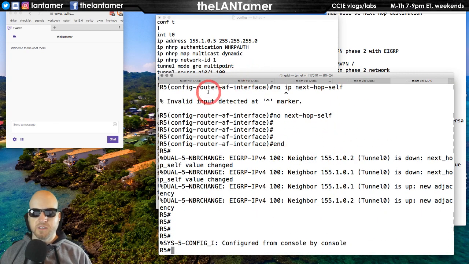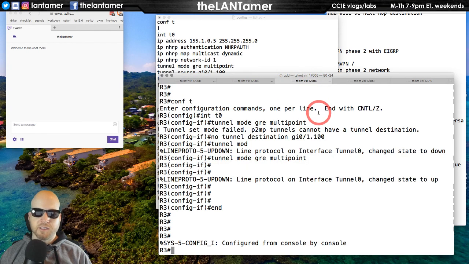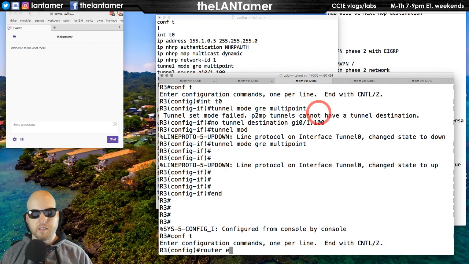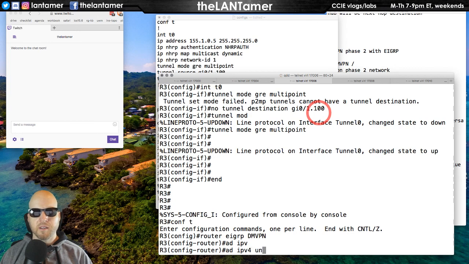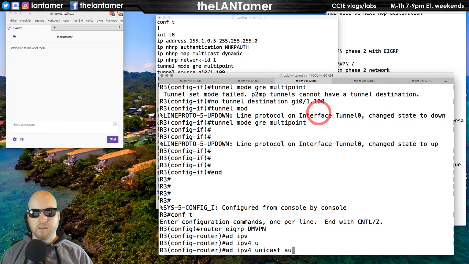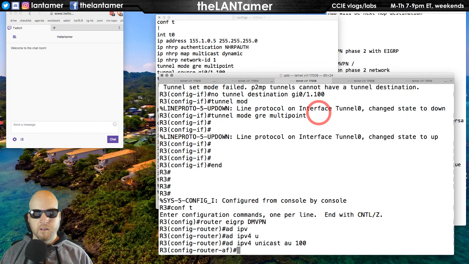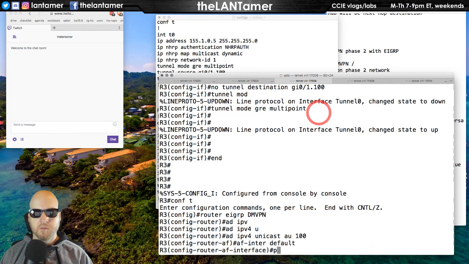Okay, so new adjacency. Just for fun, let's put it on router EIGRP DMVPN. Address family IPv4 unicast. AF interface default passive.